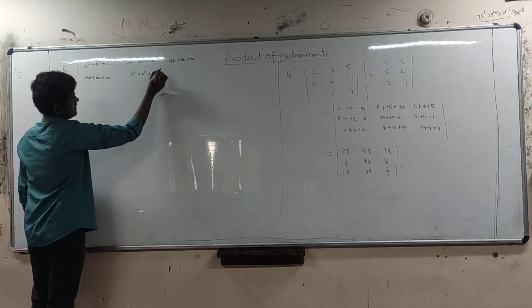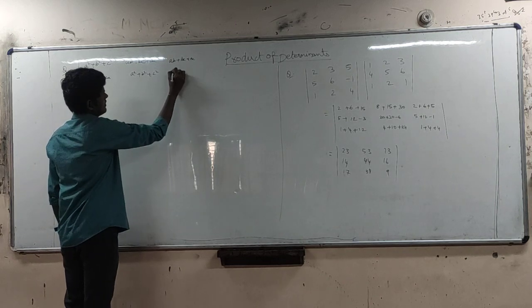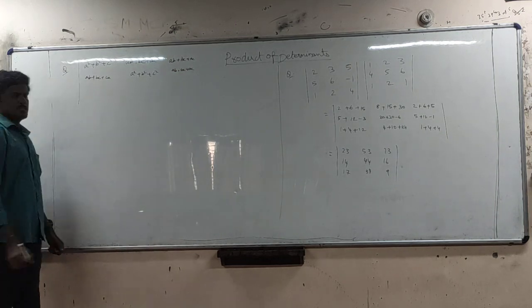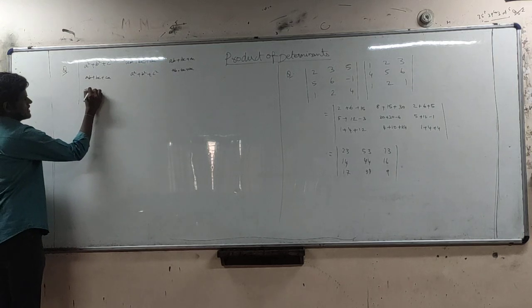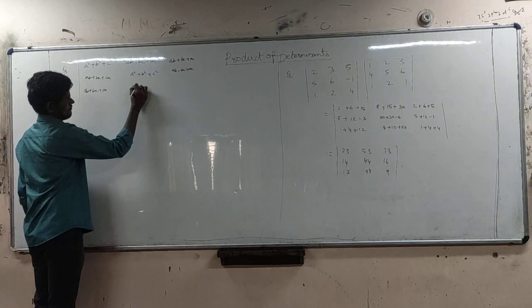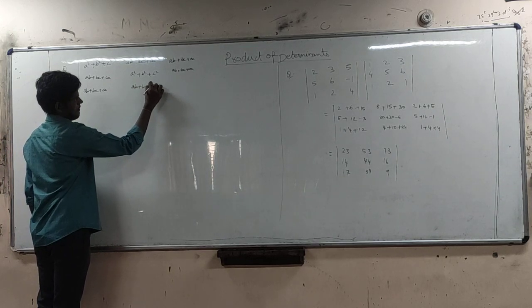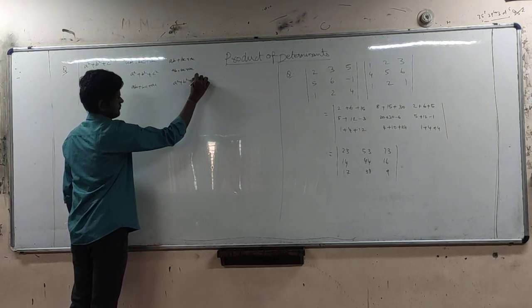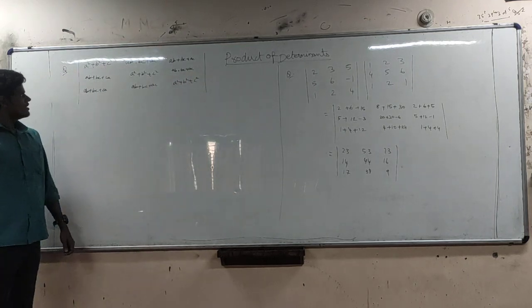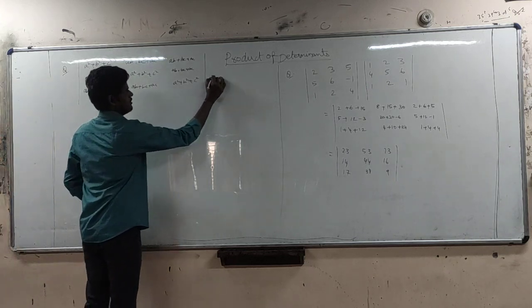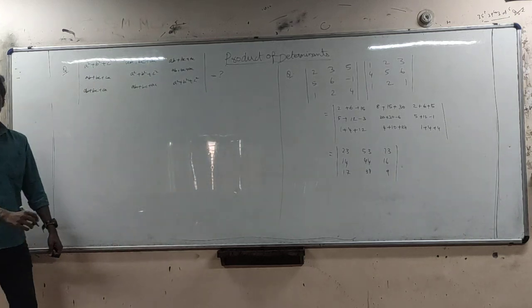In the diagonal elements, the square term comes in all of the places. Just write ab plus bc plus ac. Nice. We need to find the value of this determinant.